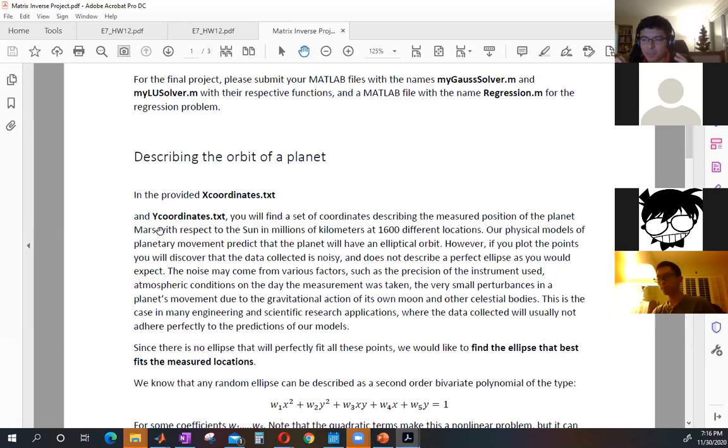Maybe there are conditions that we are not considering. For example, in this case, it's the location of planet Mars, that's really far away, and maybe we're measuring something with a telescope, and there might be atmospheric conditions bringing noise into our measurements.